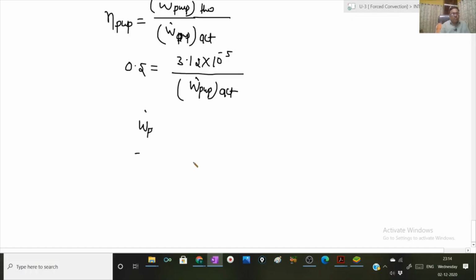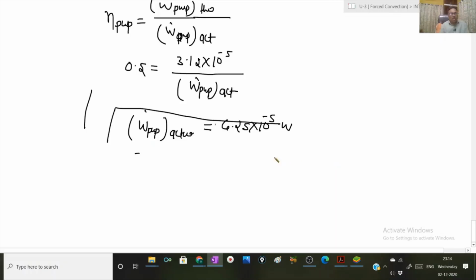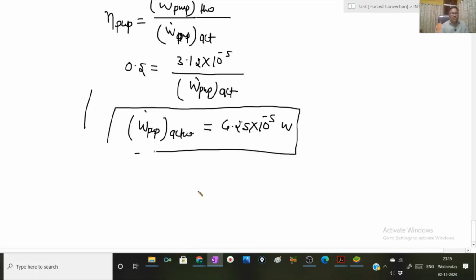W dot pump actual will be 6.25 into 10 to the power minus 5 watt. This will be answer number 7. So this way I can solve this problem.